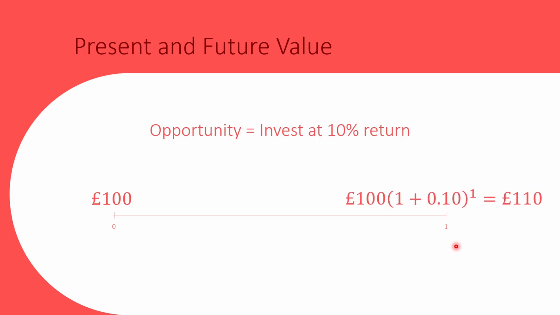And we calculated this last time just using the future value formula that I showed in the previous slide. And that is 100, that's your present value, multiplied by 1 plus r to the power of 1, because it's 1 year into the future that we want to find this value of. And that gives us 110.